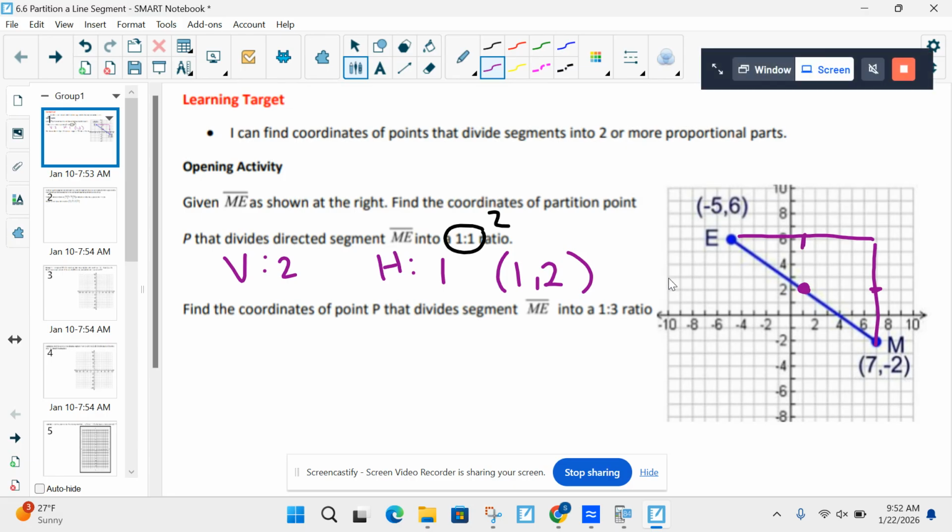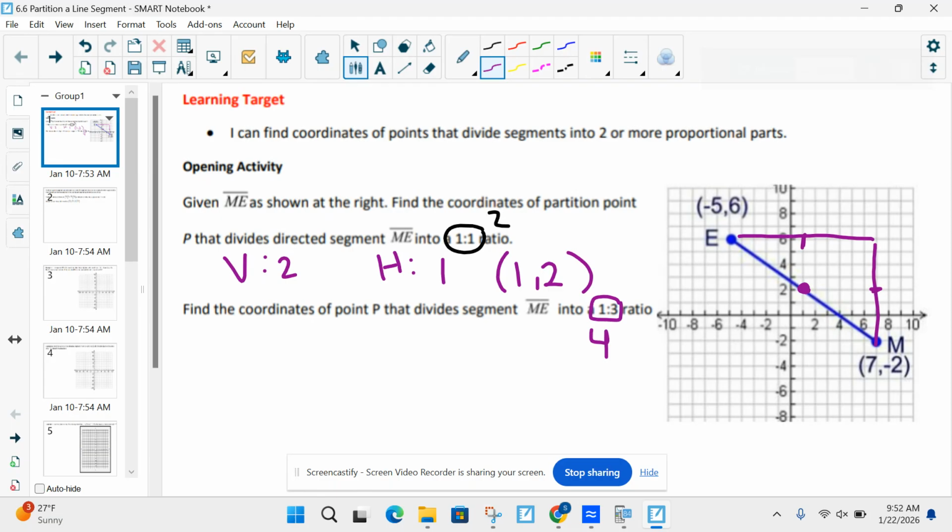Okay, so then it says to find the coordinates of the point that divides ME into a ratio of 1 to 3. So now there are a total of 4 parts. And the smaller part is from M to P. So if you think about this half of the segment and you divide it in half again, what coordinate would you land on?